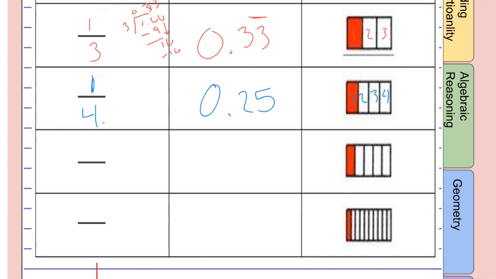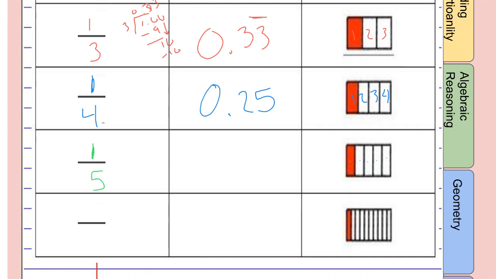And some of you might have already done that. Okay, so think about it. 4 quarters equals a dollar, and each quarter is equal to 25 cents. If I have 4 of them together, it would be equal to 1 whole, and individually they're equal to 25 cents.